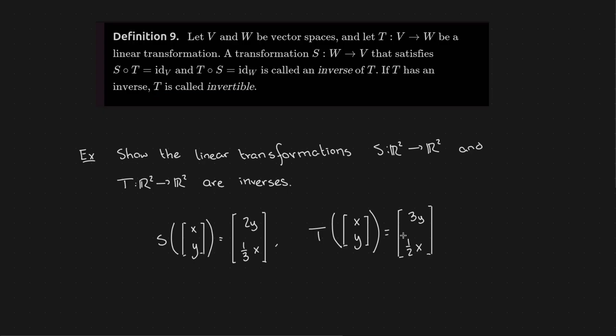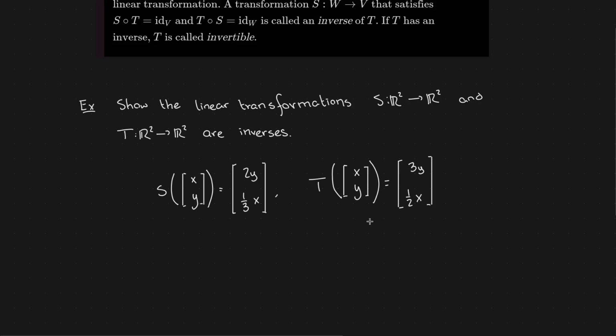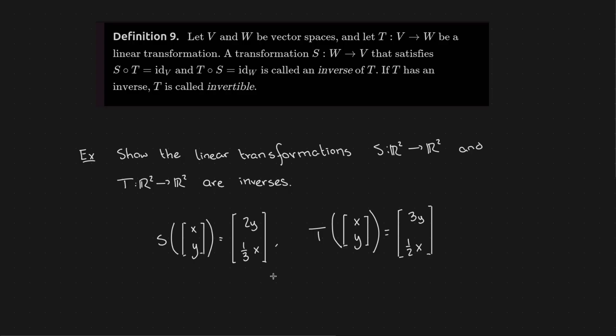All right, so let's look at a concrete example here. I have two linear transformations, S and T, both map R2 to R2. Here they are defined. I want to show these transformations are inverses. Now according to the definition, that means that the composition S with T and T with S both need to be the identity transformation.